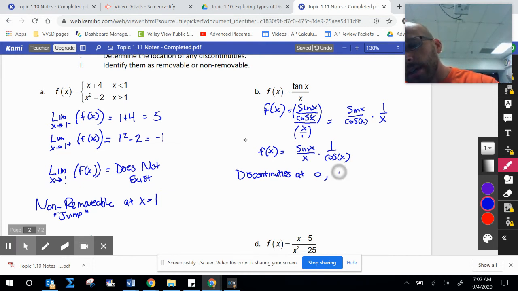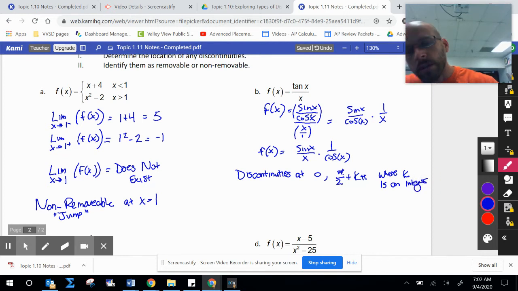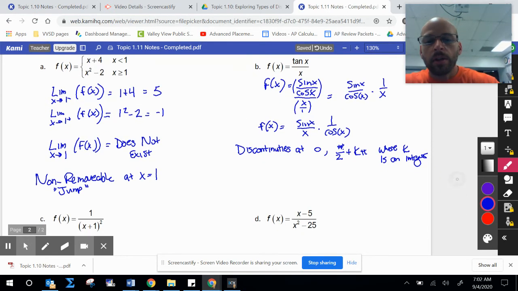So I'm going to say pi over 2 plus k pi, and then I need to define where k is integer. Okay. Now, we just have to define them as removable or non-removable.